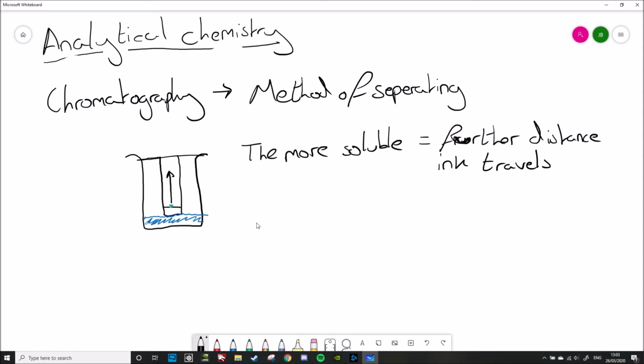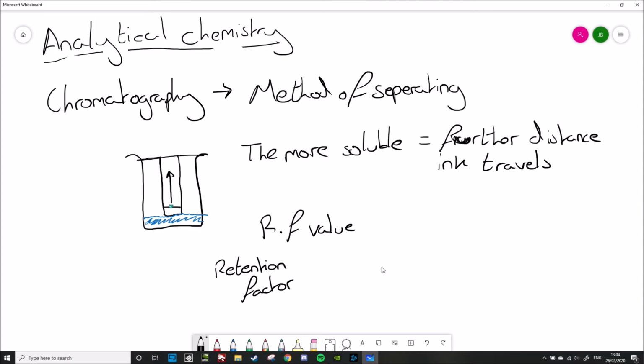And from this we can get something called an RF value. And that is our retention factor. And by retention factor, it's just how good it is at going up.